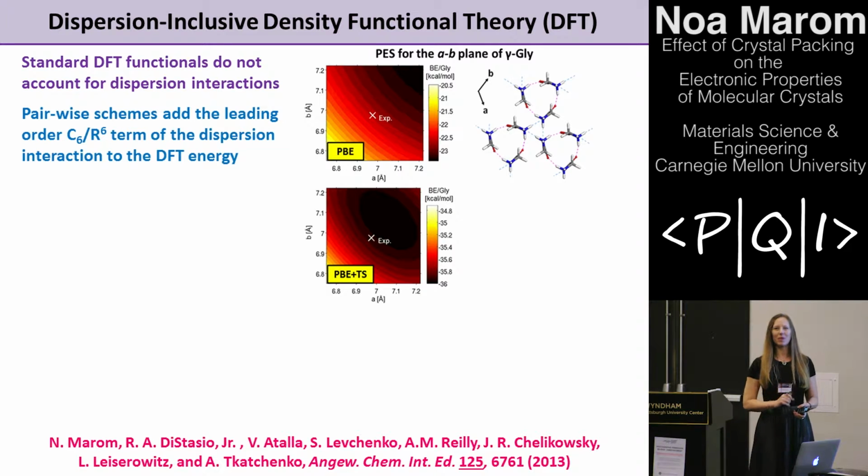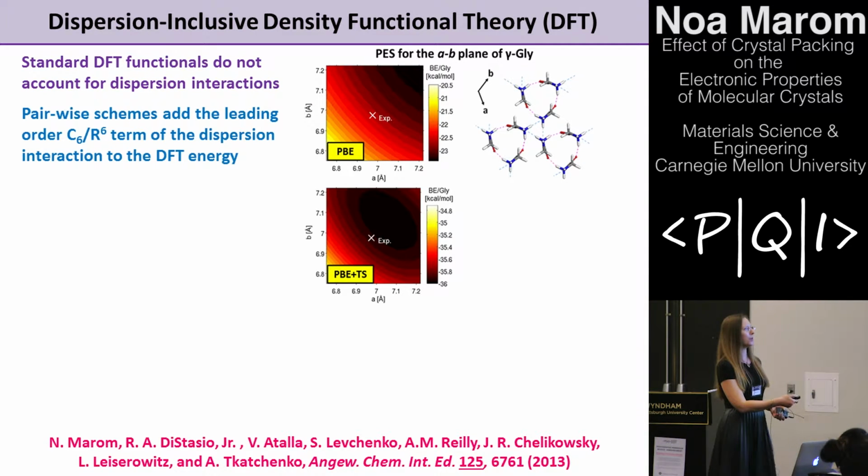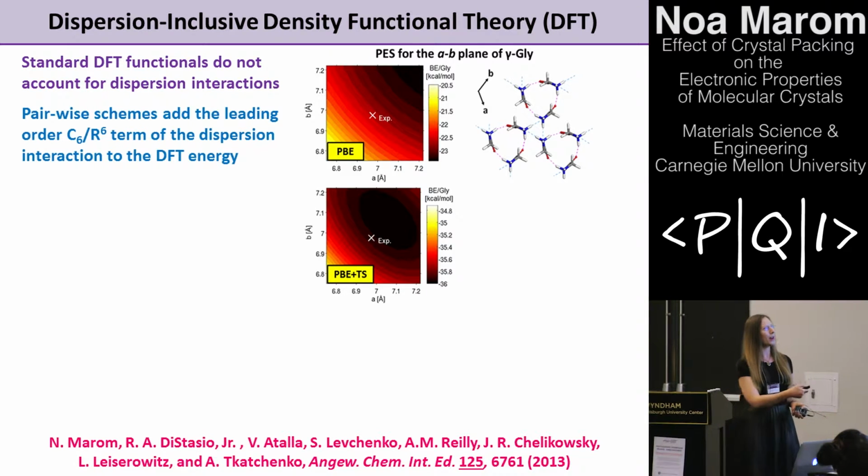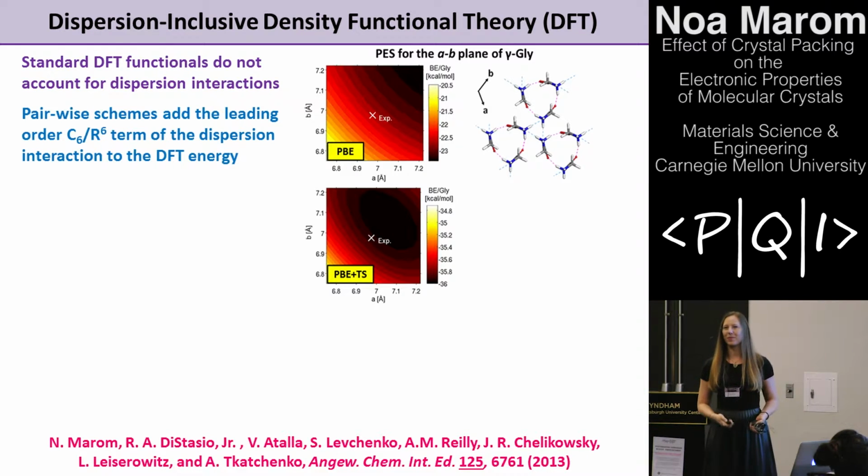So the simplest way of dealing with the situation is to add the leading order of the dispersion interaction, the C6 over R to the 6th term, in a pairwise manner on top of the DFT functional. And this is what we do in this TS correction. And as you can see here, that gets us closer to the experiment, but still not quite there.